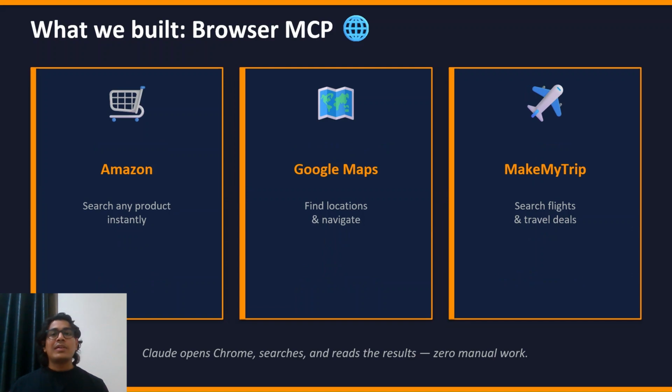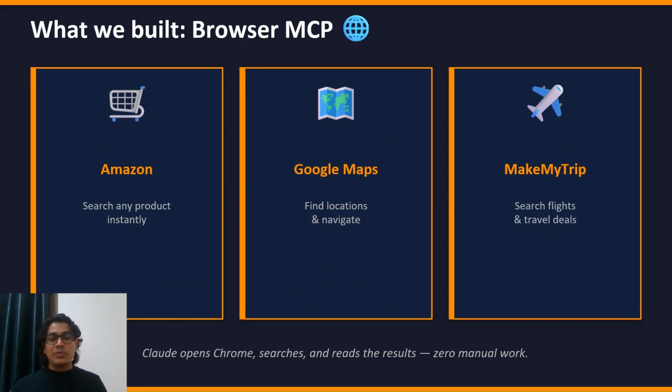Next, let's suppose you're going to use browser MCP, what it can do, it can go search on Amazon. Like, let's suppose you're very much a big fan of shopping again and again, you can ask it to give some links for, let's suppose, a t-shirt under a certain budget, right? It should be of black color.